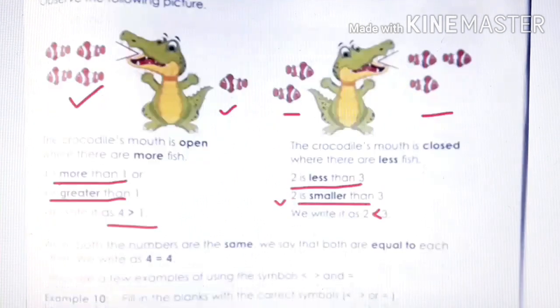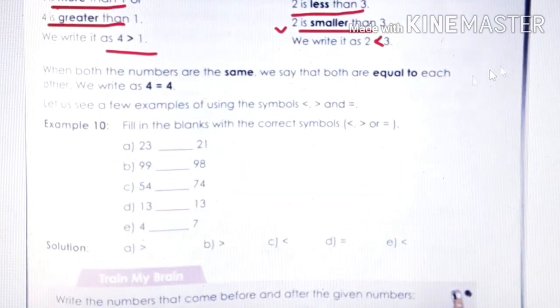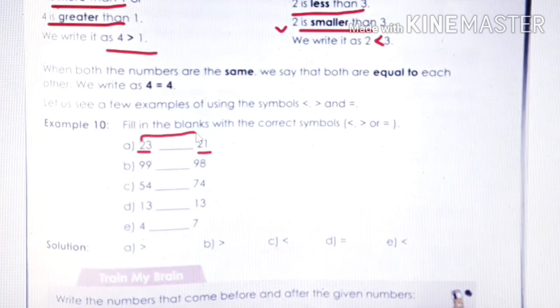And when we compare numbers, how do we compare? Suppose there are 2-digit numbers. So how do we compare? We always compare the tens place first. So both are 2, isn't it? So 2 is equal to 2. So next what we'll do, children? We'll move to 1's place. That is what you have got here, 3.